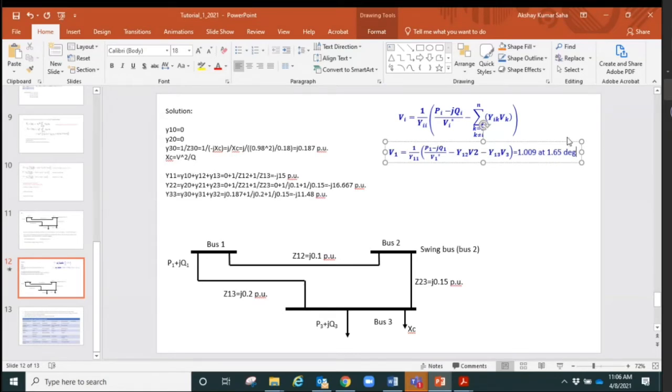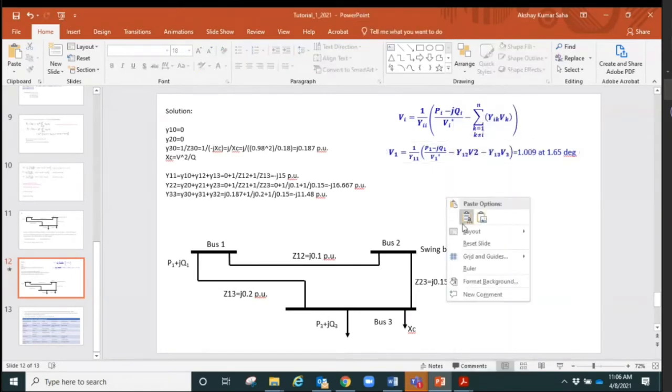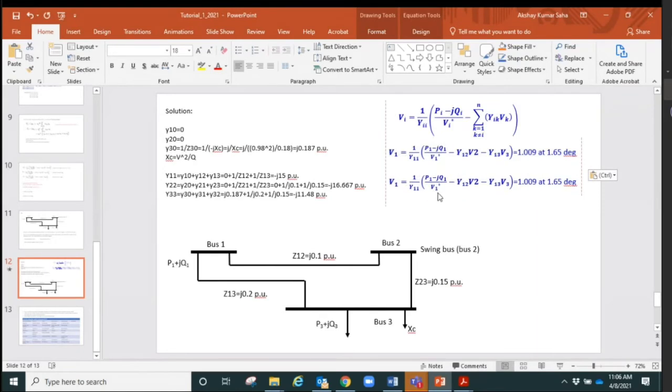Okay, now if we have V1, we can go to V3. If we replace the equation here, it will be V3 equals, and then we change the others.